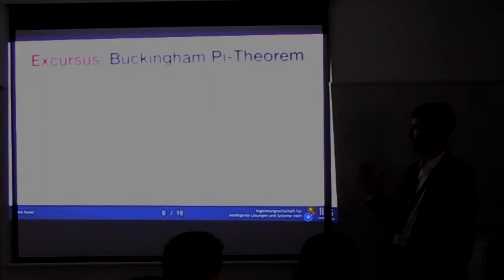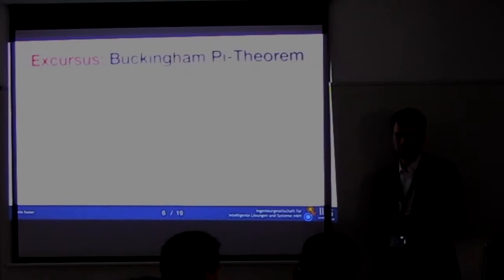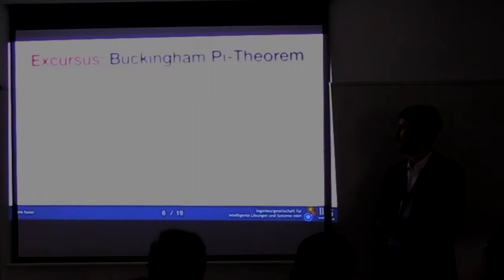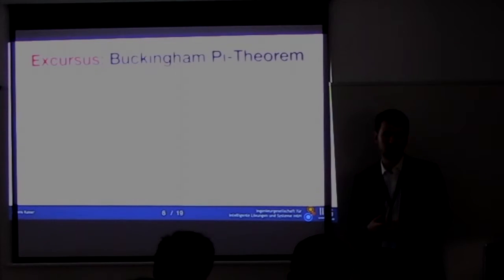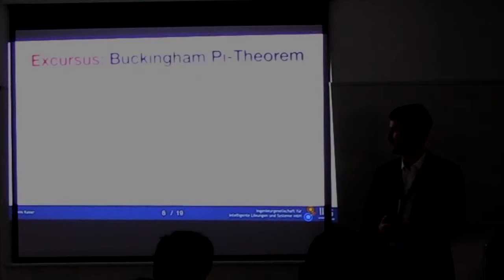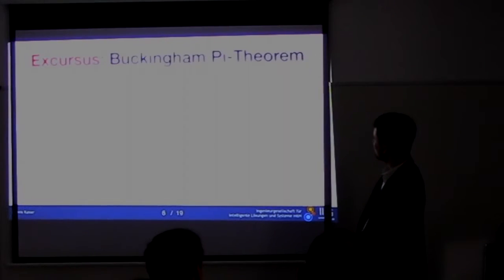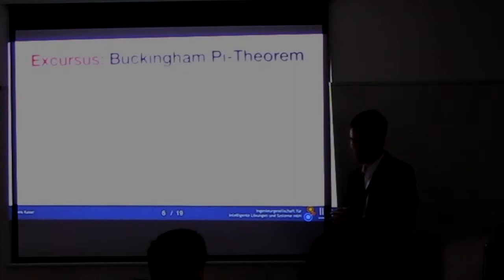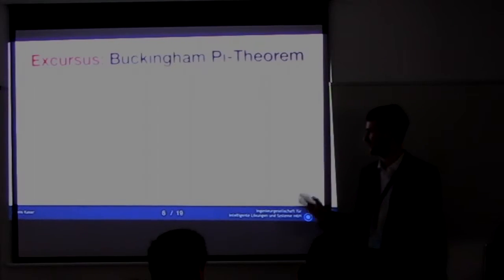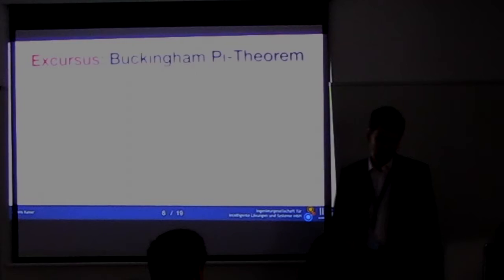So, as you have already seen on the slide before, similarity in physics is based on the pi theorem by Buckingham, which is already a little bit more than 100 years old. A little bit small everything on the slides, I hope you can read it a bit.